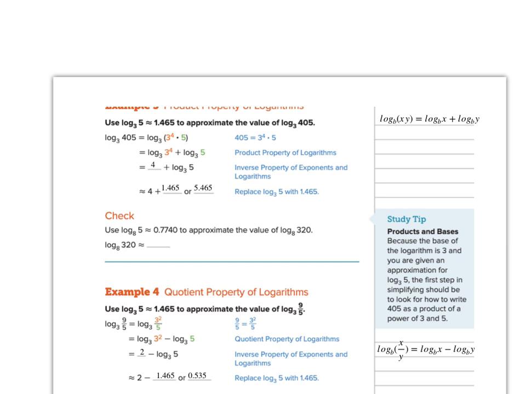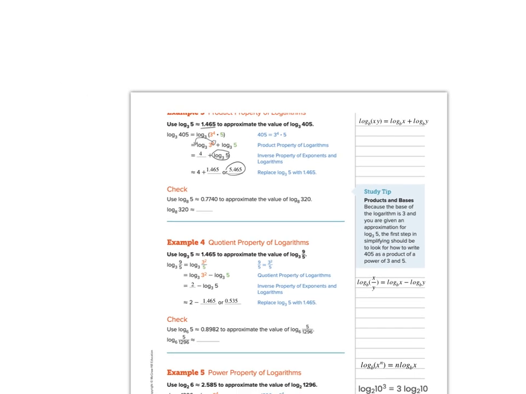And in doing so, remembering this is the same thing as bringing the 4 out right there, it would end up being 4 times 1, or 4, and then this would be log base 3 of 5, and they gave us that decimal already. So they just substituted that in and came up with a final answer. So that's how we're working with these.